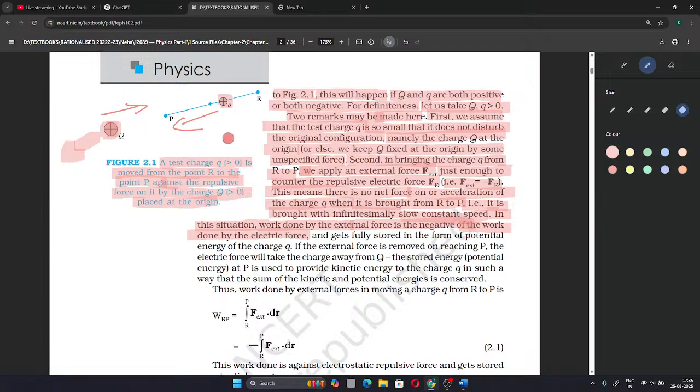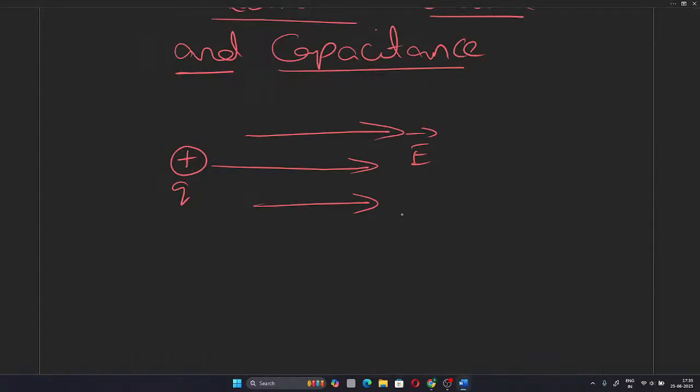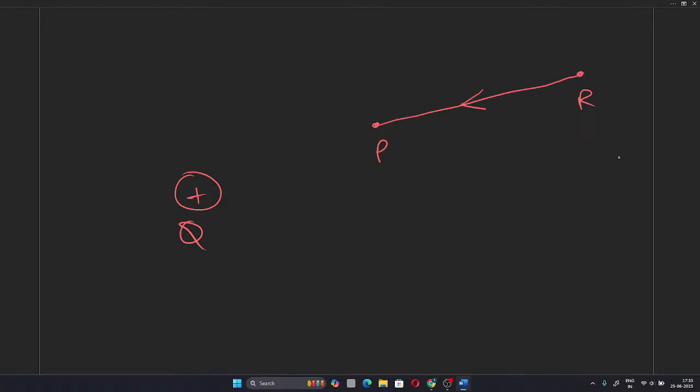And when we are bringing this charge, there is a charge plus Q, and there is a point P and a point R. Q naught is a test charge, which is also a positive charge.